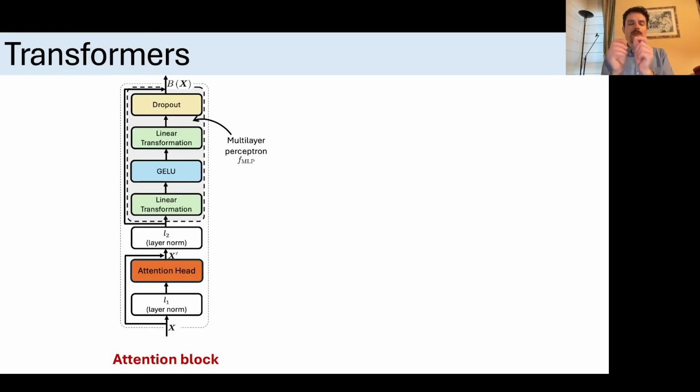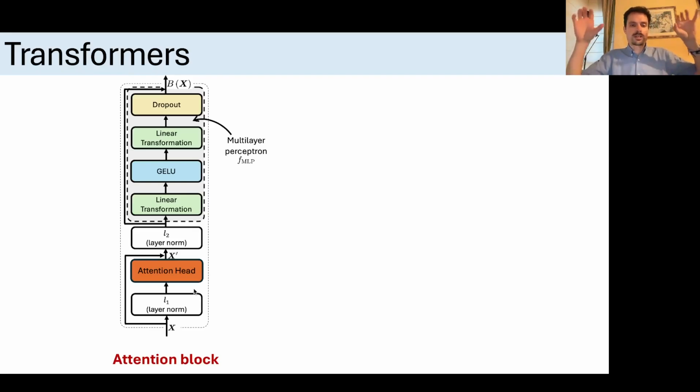Okay, so here it is important to realize that all these operations, other than the attention head, operate separately for each of the input vectors, right? So here we put m vectors at the input, and the only part where information goes from some vectors to the others is here in the attention head, right?